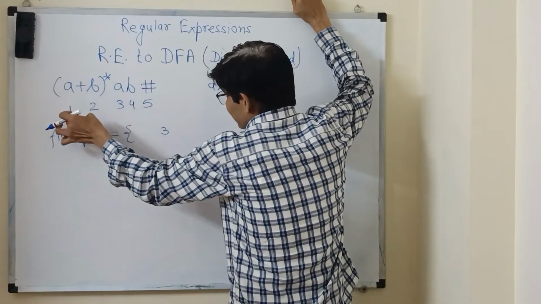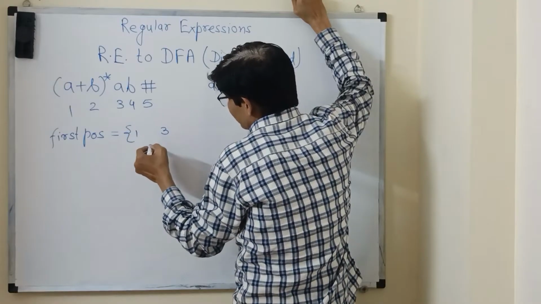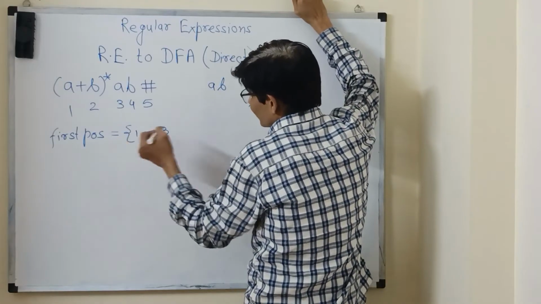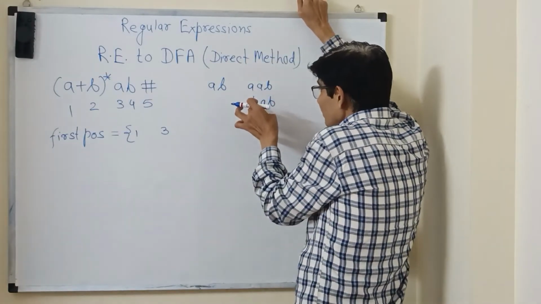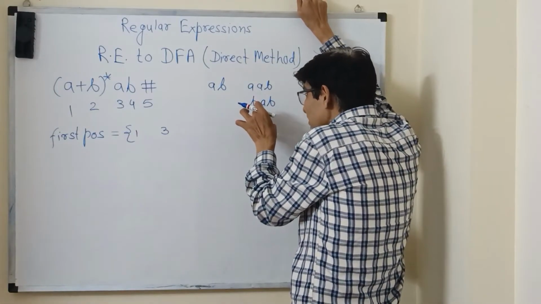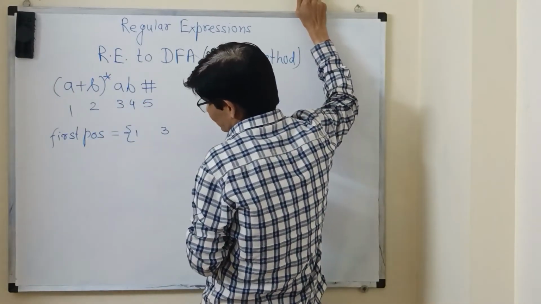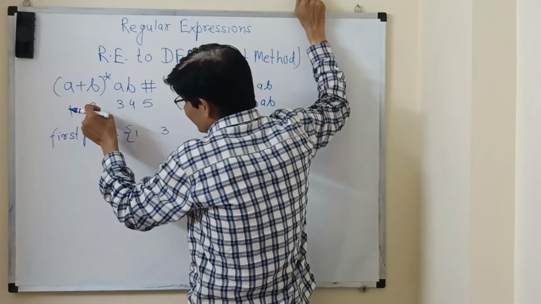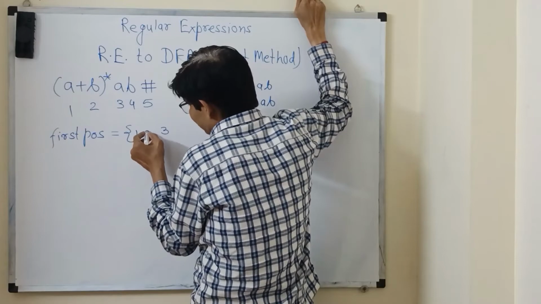That means this a is representing symbol 1, so I can add 1 here in the first pos of the regular expression. Now, if we consider a single symbol b from this Kleene closure, this would be considered as 2.